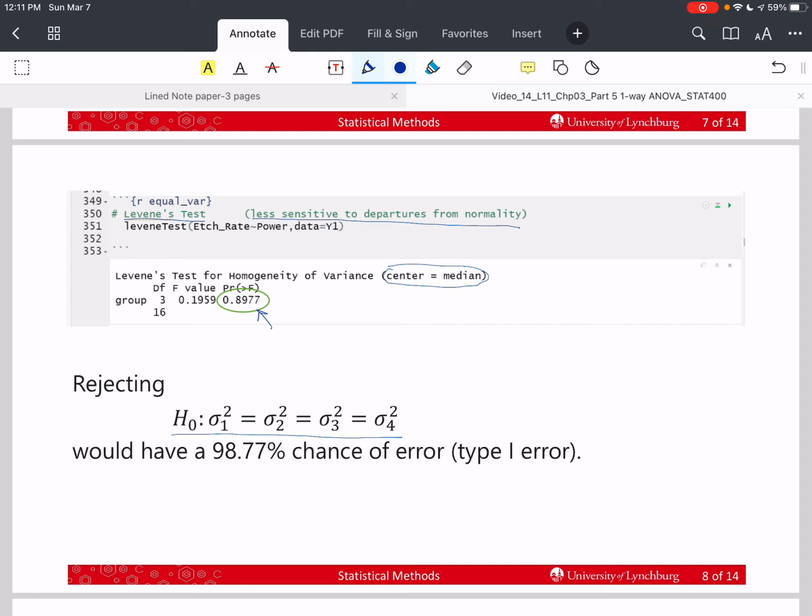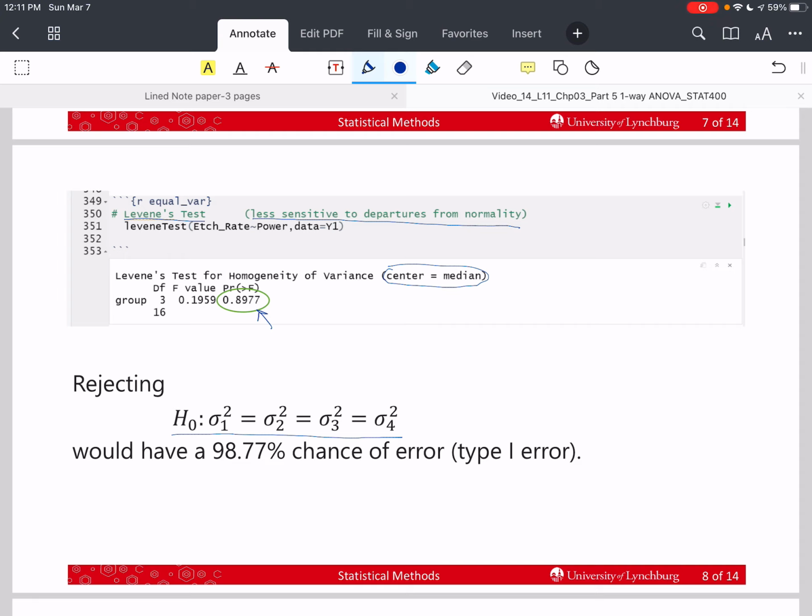The p-value is computed given that the null is true, given the assumptions. So it's the probability of obtaining that extreme of a sample when the null hypothesis is actually true.